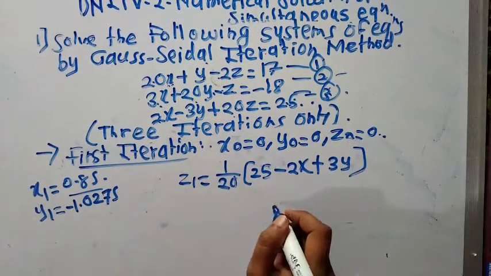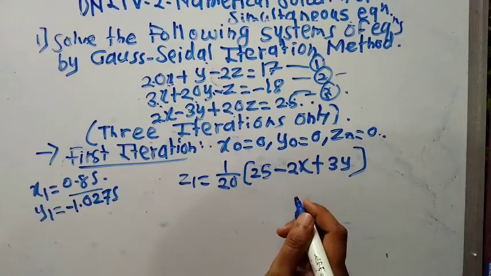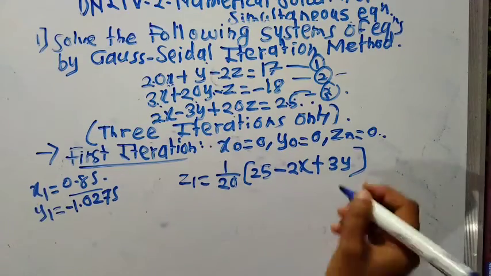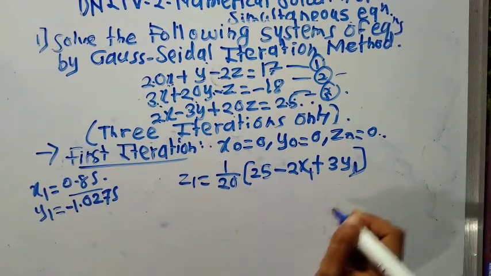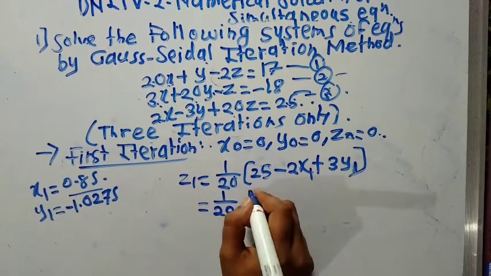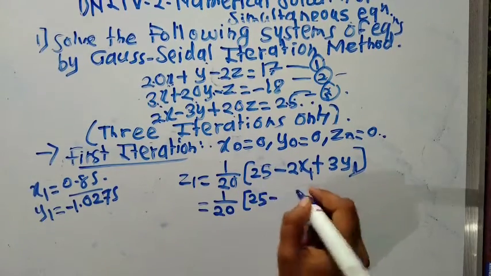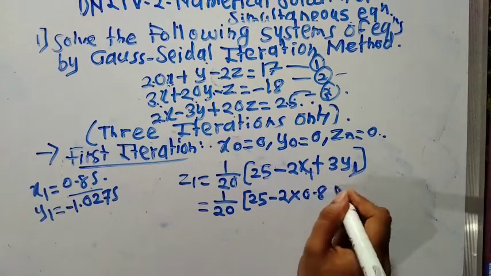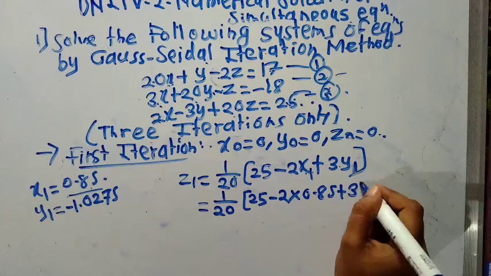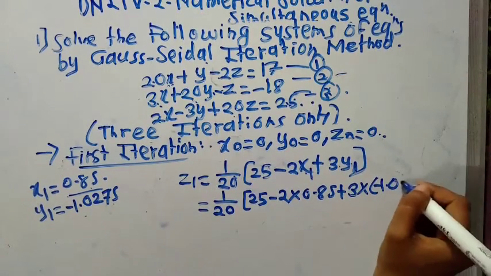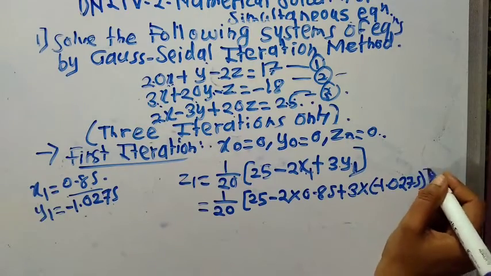Here the only change is x1 and y1. So put this value: 1 divided by 20 into 25 minus 2 into x1 is 0.85 plus 3 into y1 is minus 1.0275.